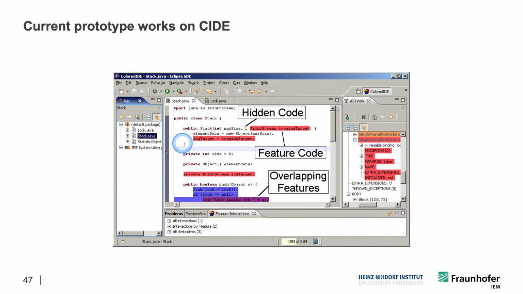So the prototypical implementation that we had looked as follows. It basically used this feature IDE, this colored IDE CIDE that you see here. So this looks a bit old school, but actually this tool is already also like 10 years old. But basically, like I said, it allows you to define product lines for Java.